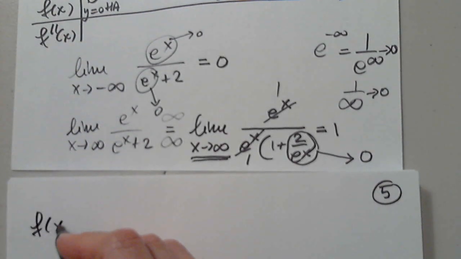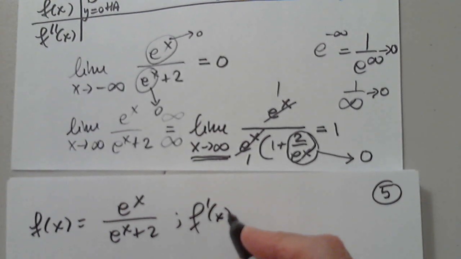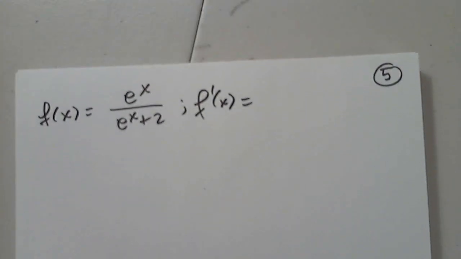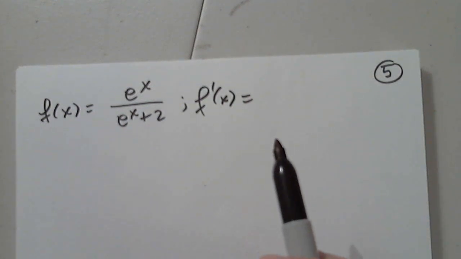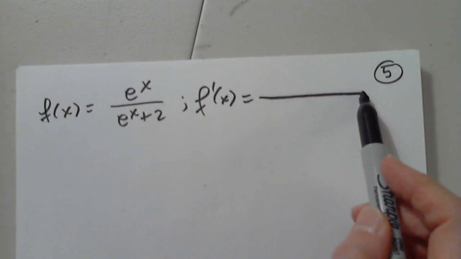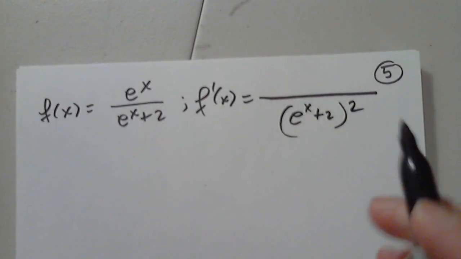So I'm going to copy f of x, which is e to the x over e to the x plus 2. And I will find the first derivative. Okay, what rule applies here? Quotient.